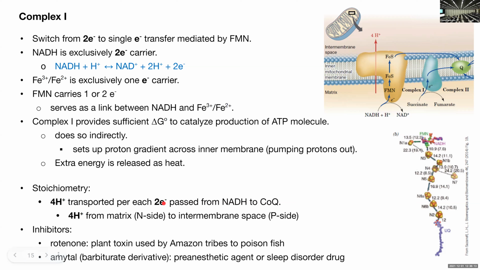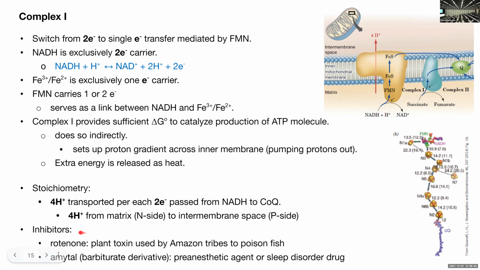So like I told you, NAD plus gives 2 electrons, and the FMN basically modulates its flow, but in the end, it's going to go through both electrons, and end up having 4 protons pumped out of the matrix. And these 4 protons go from the matrix, which is called the N side for negatively charged side, to the inner membrane space, which is called the P side, or positively charged side.